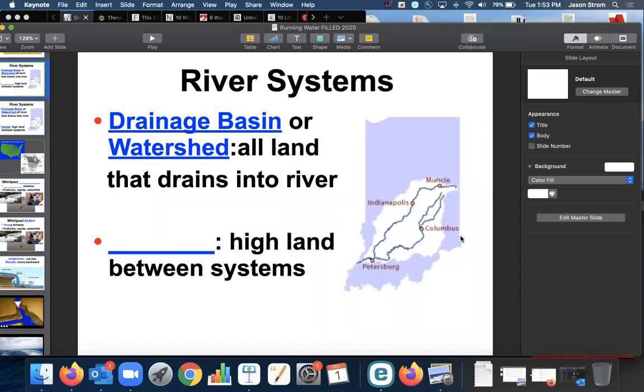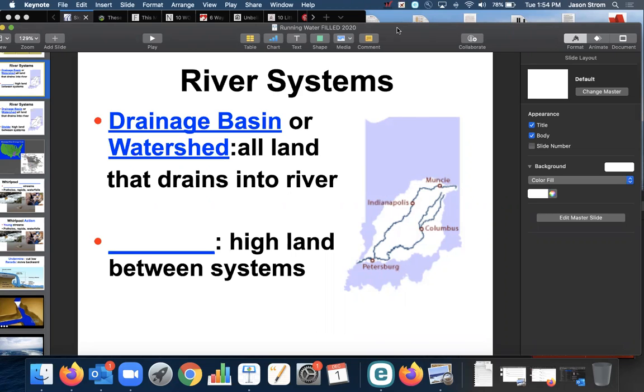Now, outside of it, in the purple, those bodies of running surface water are going to go somewhere else. They're going to go to a different river because it's a different river system. So in the north, that's going to end up in the Wabash, and the south is going to end up in the Ohio.